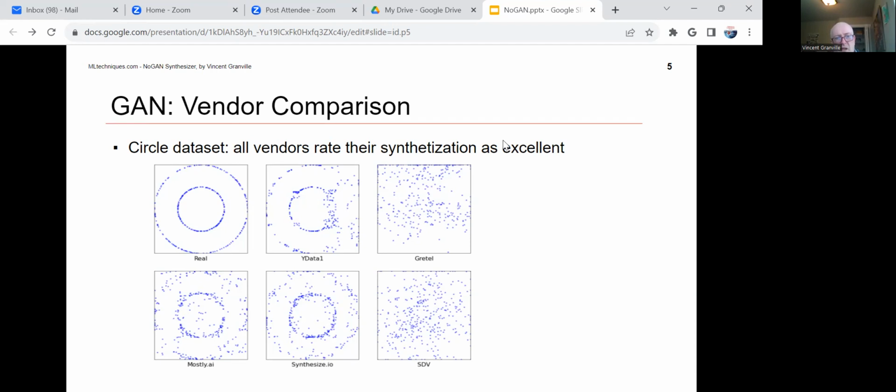Here, I tested 5 or 6 different vendors, including SDV. SDV is the Synthetic Data Vault, an open source library for synthetic data. What is surprising is not necessarily that there are good and bad synthetizations here, but that everybody is rating the synthetization as excellent, wonderful, great. And they're not lying about it. The reason they say that is because they're using evaluation metrics that are not great.